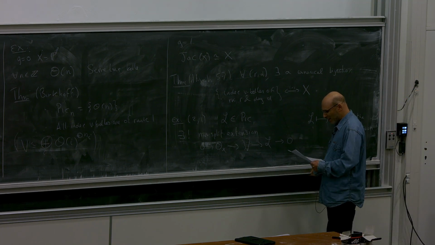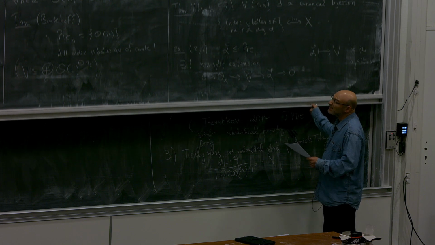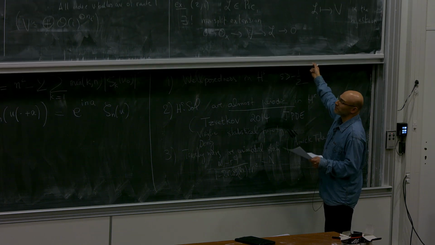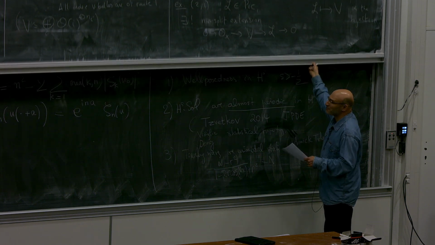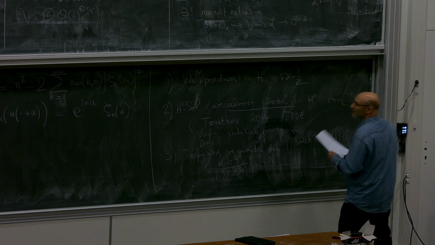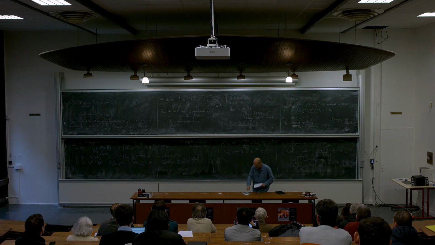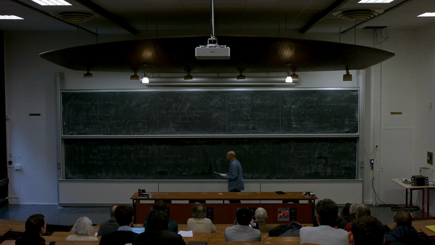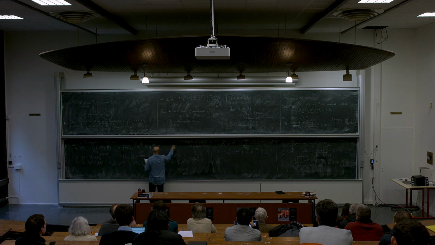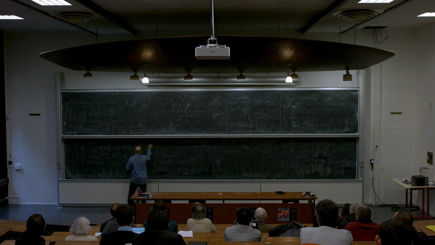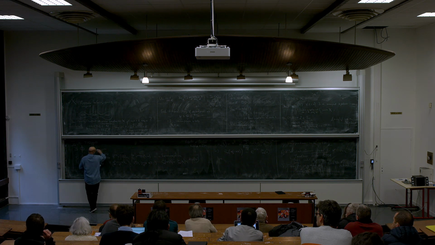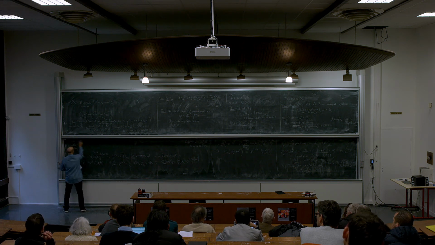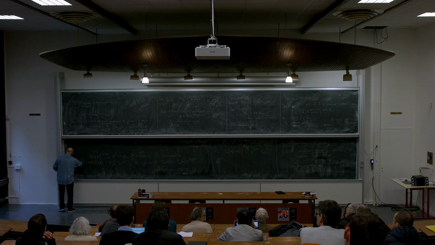OK. What can we do in higher genus? Well, I can erase that. I have to erase something. So, what can we do in higher genus? Well, nothing as good as that, definitely. Because as we all know, everything goes south when you move from genus 0 or 1 to higher genus.